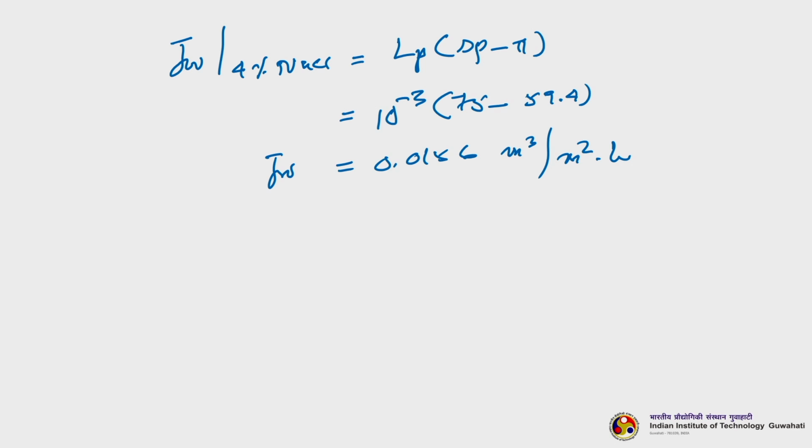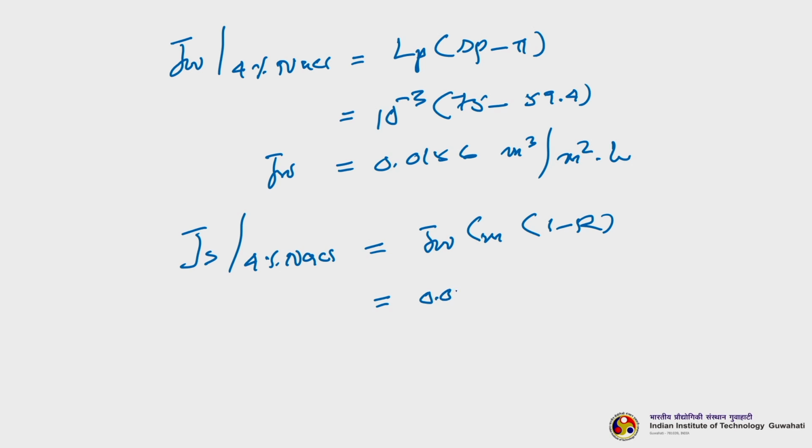Then we have to calculate the salt flux at 4% NaCl. It is nothing but Jw into Cm into 1 minus R. Jw we know is 0.0156, which we have just calculated, into Cm equals 120 into 1 minus R, which is 0.99.